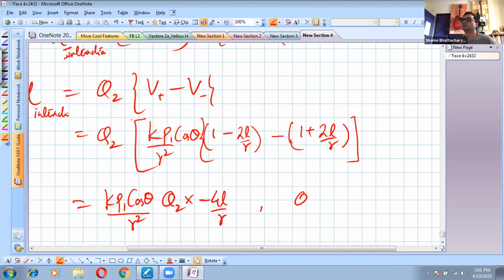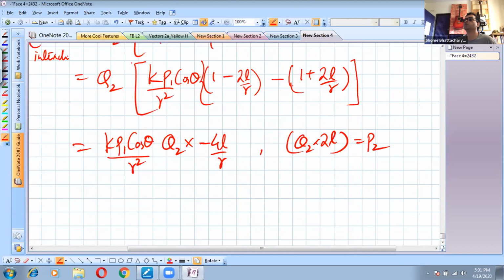Now in this, remember Q2 into 2L is the second dipole moment. So it is P2. So keep aside 2L, so another 2 comes outside. So minus 2 times K by R cube P1 P2. This becomes the interaction energy.